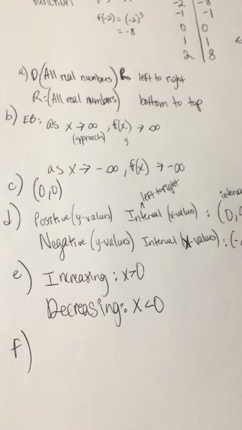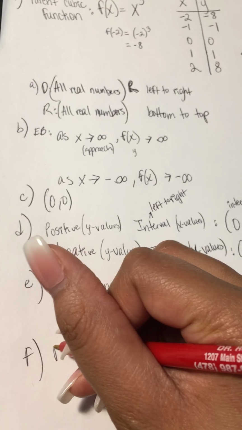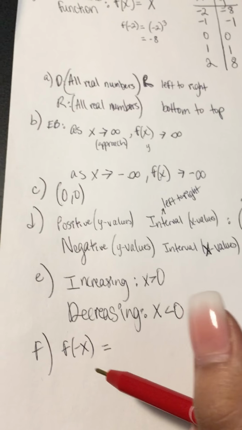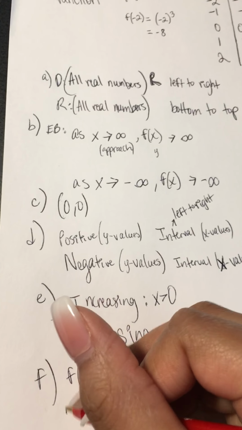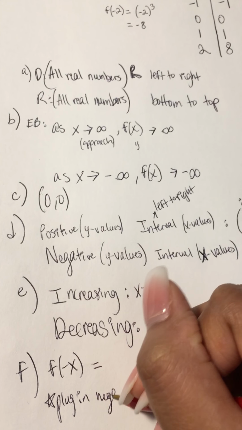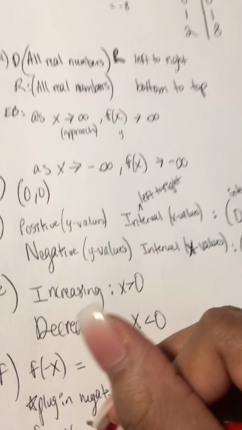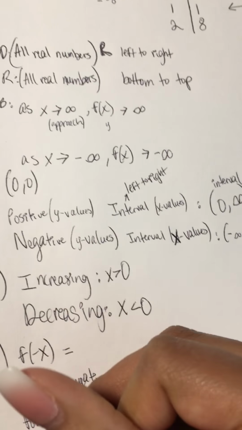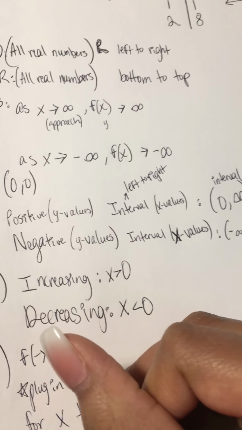F, tell whether the function is even, odd, or neither and explain. To test if a function is even, odd, or neither, you plug in negative x for x.